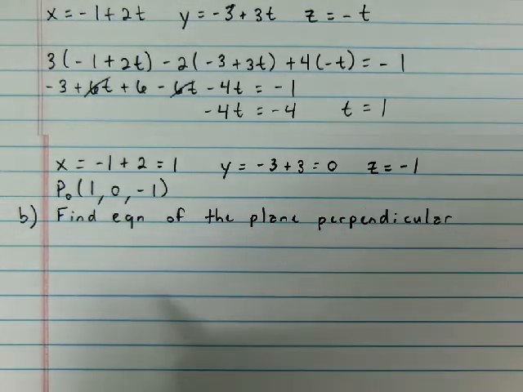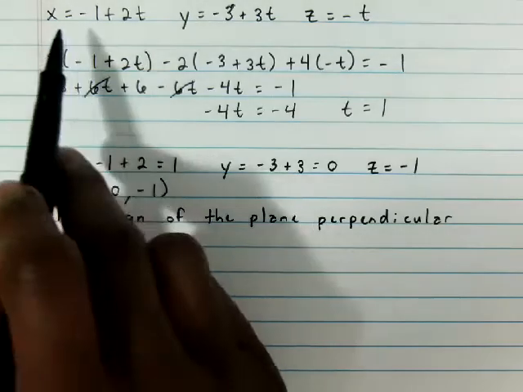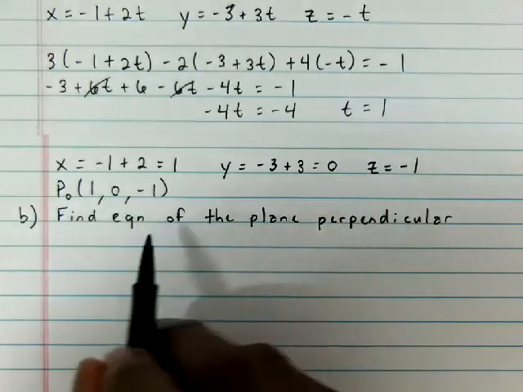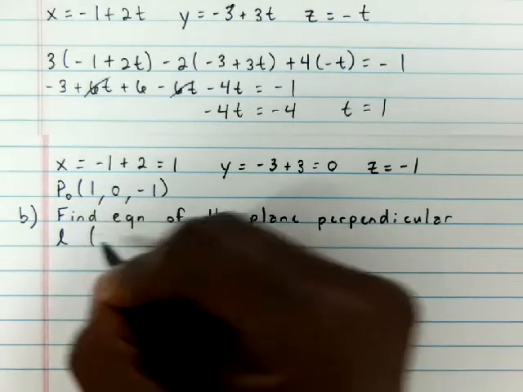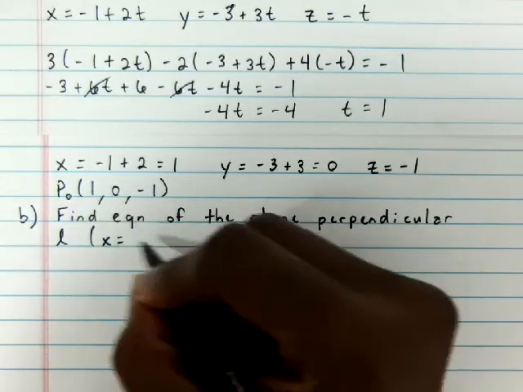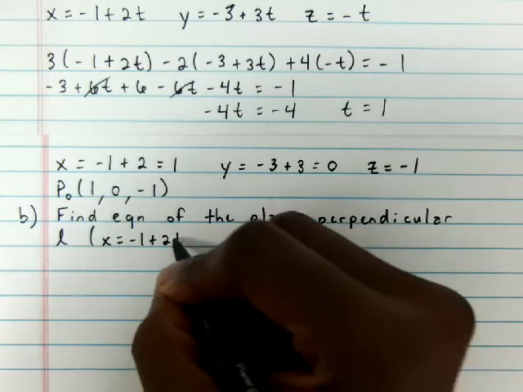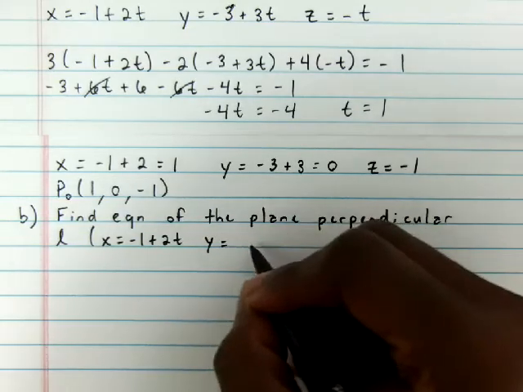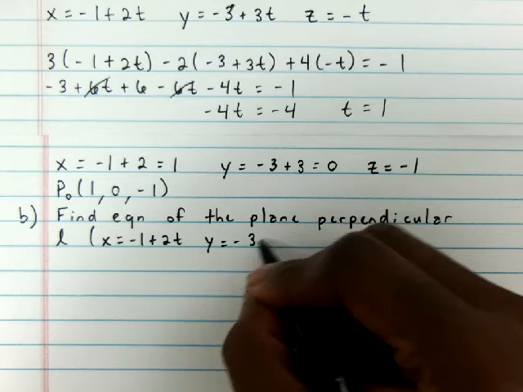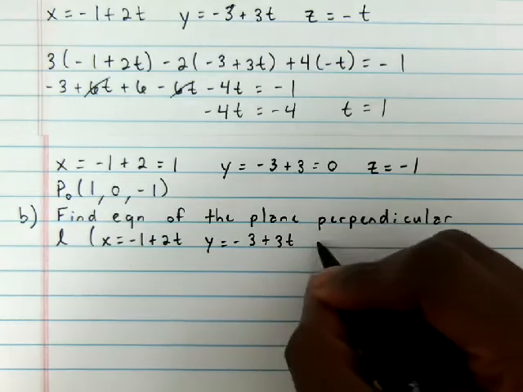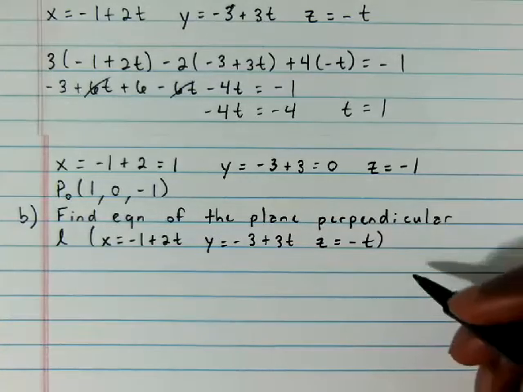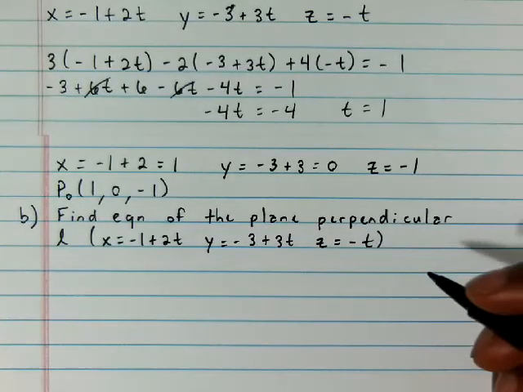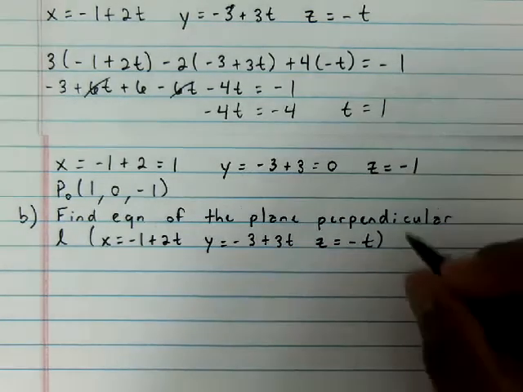I'll use the parametric equations just because you all can still see those. So find the equation of the plane perpendicular to L. Remember, L is x equals negative 1 plus 2t, y equals negative 3 plus 3t, and z equals negative t. Perpendicular to L at P naught.